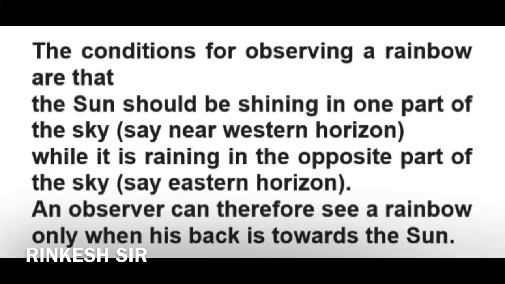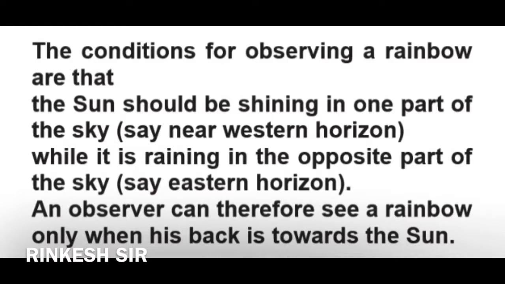Means you will observe the rainbow in the side opposite to the sun. See, here an example is given: if the sun is shining in one part of the sky, say the western horizon, then it must be raining in the opposite part, say the eastern horizon.